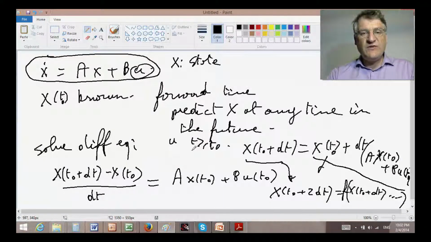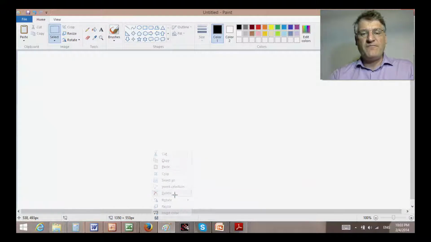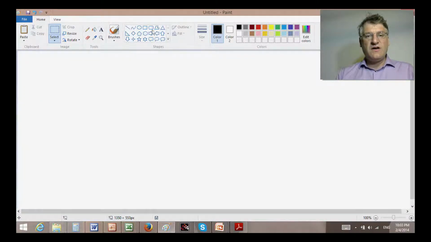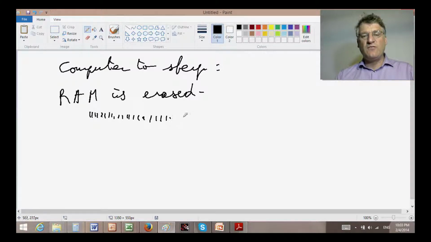So let me give you an analog to that. When you put your computer to sleep, the RAM is erased. If you remember, on a Windows computer, you're going to see little bars going before the computer actually goes completely to sleep.